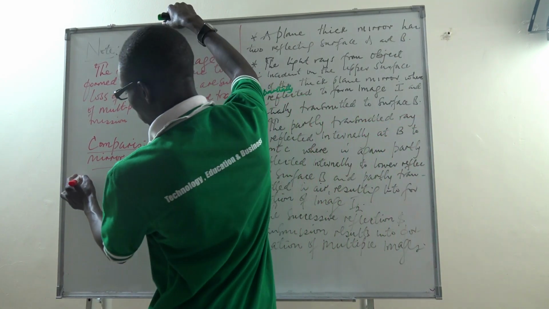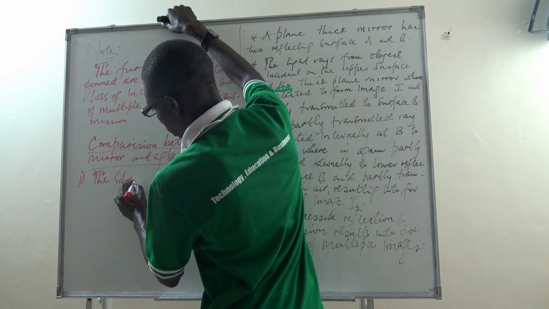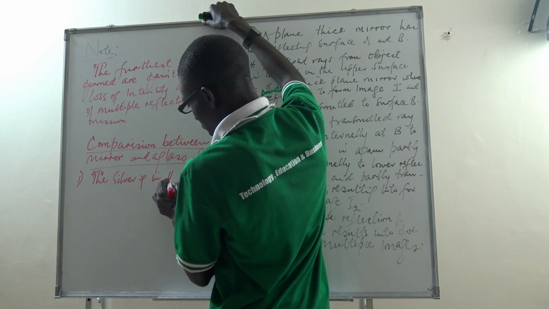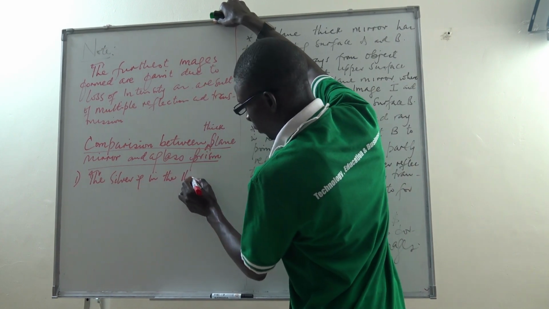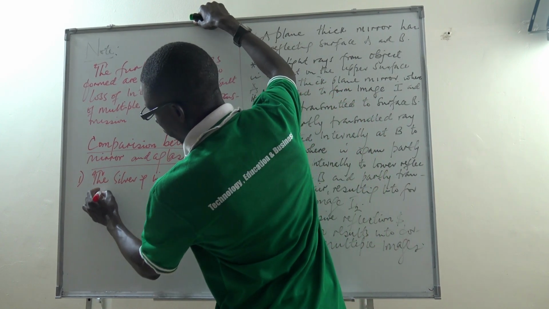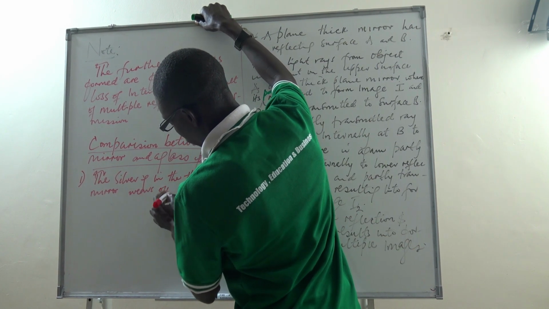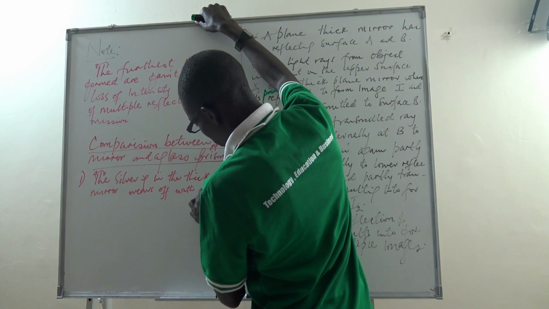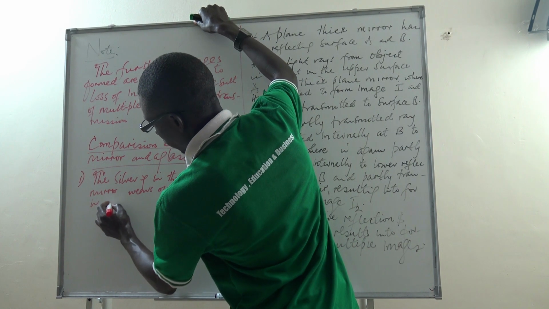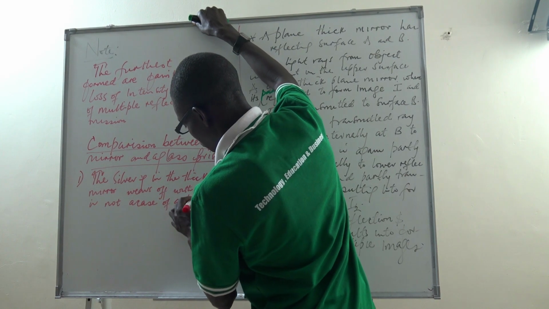One, the silvering in the thick plane mirror wears off with time, which is not the case with a glass prism.